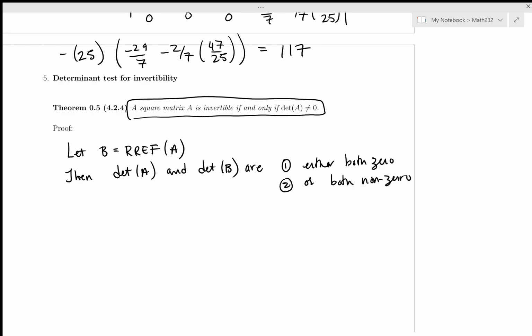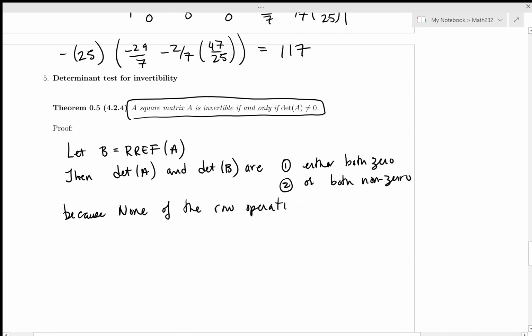So there's no way of introducing a 0. If one of them is not 0, the other one is not 0, because none of the row operations that transform A into B can introduce a 0.